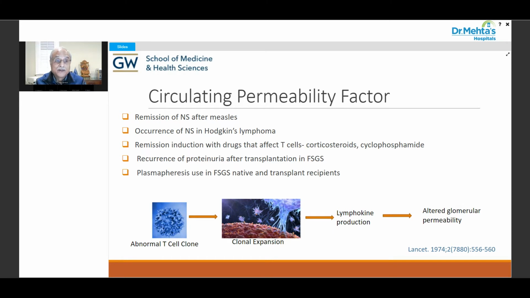And then Dr. Regina Savin clearly took that and moved it further and utilized plasmapheresis in both treatment of focal sclerosis in native patients as well as transplant patients. I was somewhat of a critic of that approach.